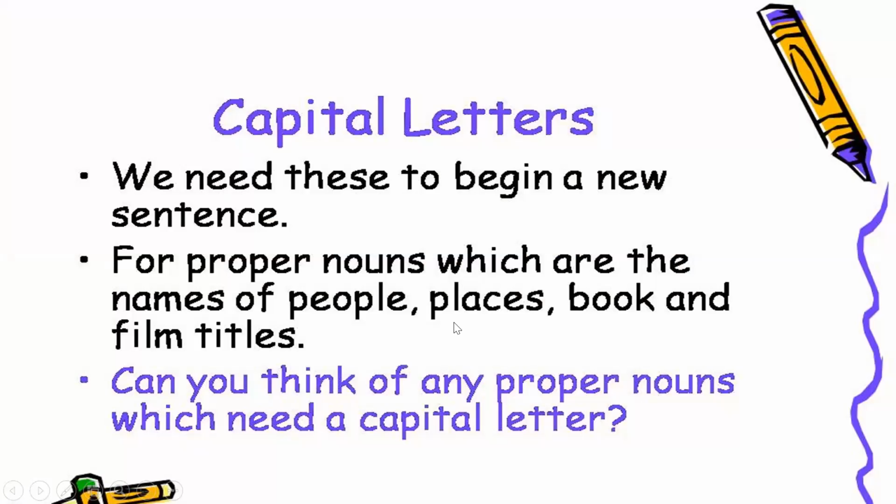So let us begin with capital letters and its use. We all know that we always begin a new sentence with a capital letter. There's nothing new in this. Also, we use capital letters for proper nouns like names of people, places, books, film titles, and you also know the names of rivers, mountain peaks, the names of languages, the names of countries, the names of cities, towns.